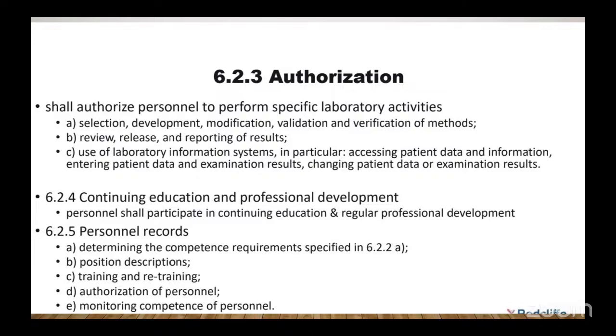6.2.5 talks about personnel record. So personnel record looks at determining the competency requirement as specified in 6.2.2. That is our previous. All the content in the personnel record should be there: the position description, that is the job description, training and retraining, authorization of personnel, monitoring of the competency assessment, certificates, everything that is there in ISO 15189:2012 as regards personnel record should be there.